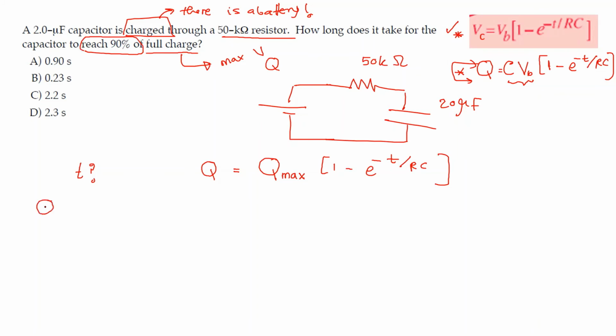That means your Q value should be 90% of Q max, right? So how to write 90%? How do you take a percentage? 90 divided by 100, right? So you need to reach 90 over 100 of your Q max.